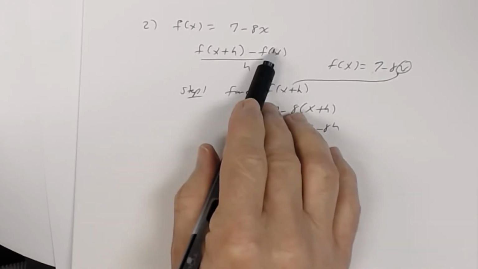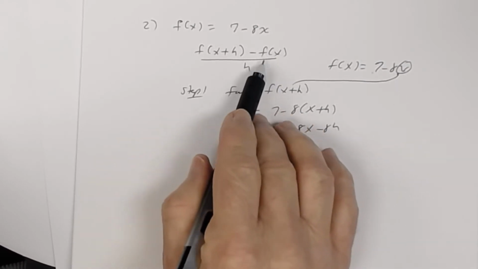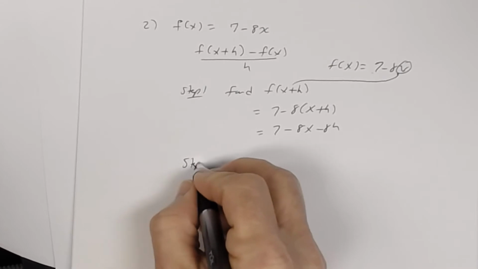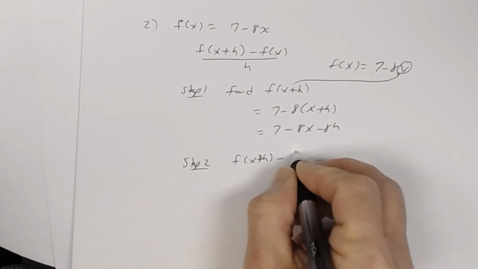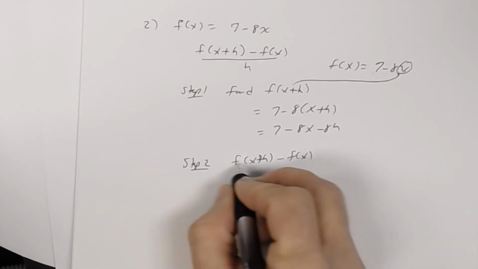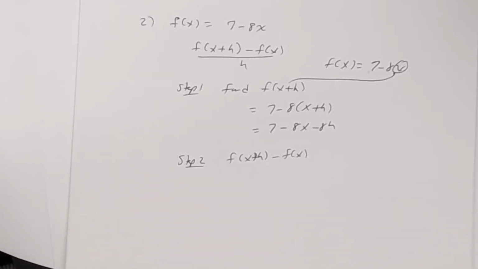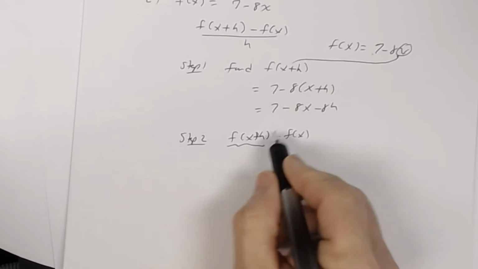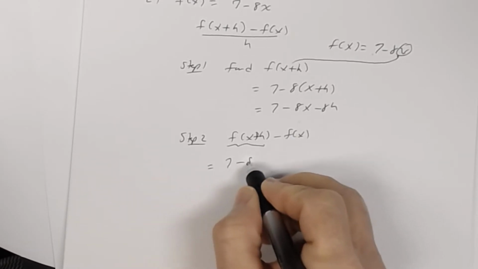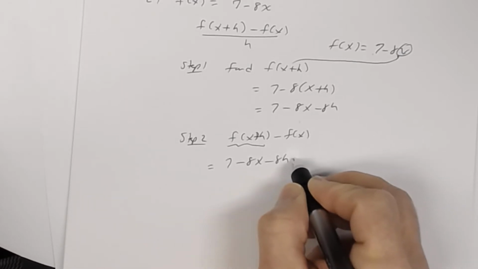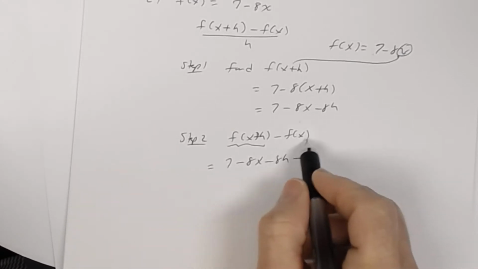Step 2 is now where you're going to finish off the numerator. You're going to deal with the whole numerator now. So you're going to subtract your function. So step 2 is where you're going to say, well, I found part of my numerator. Now let's find the rest of it. So this is your step 1 right here, right? So just go ahead and rewrite it. So that's going to equal 7 minus 8x minus 8h minus, in parentheses, be careful, you're subtracting your function.